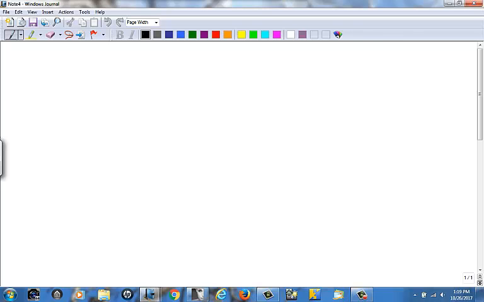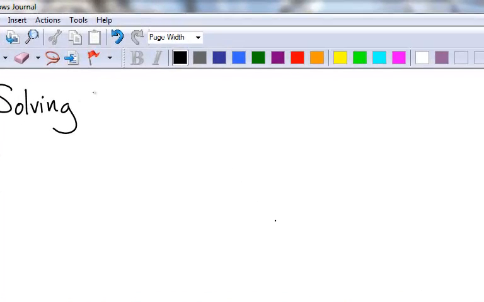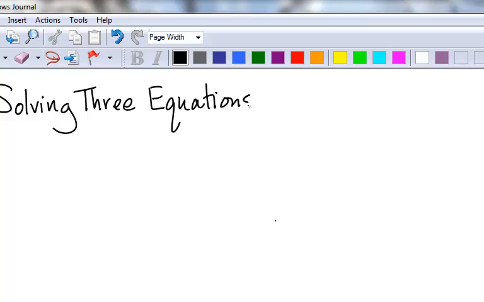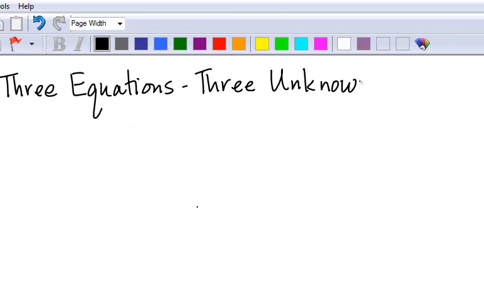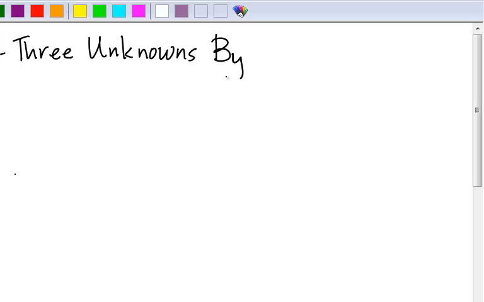Okay, I'm going to take you through another method to solve 3 equations, 3 unknowns. And this is not a section as such in the book. Okay, so this is just solving 3 equations, 3 unknowns by matrices.